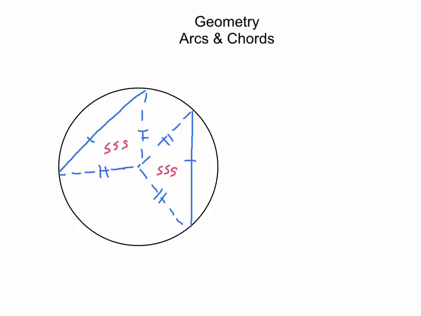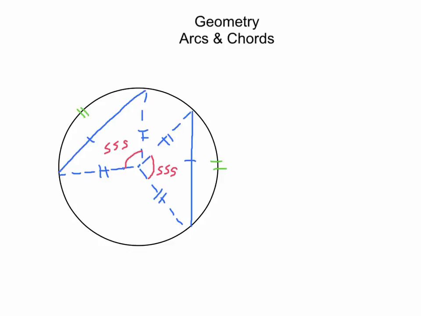And then by extension, by CPCTC, we know that this central angle is congruent to that central angle. And if that's true, then this arc out here is congruent to that arc out here. So we've just shown that if you have two congruent chords, their intercepted arcs are also congruent.